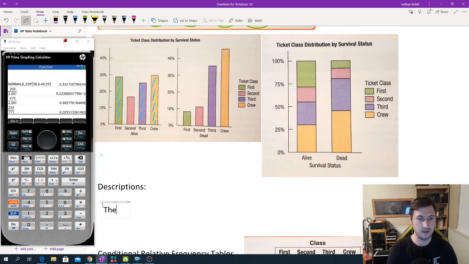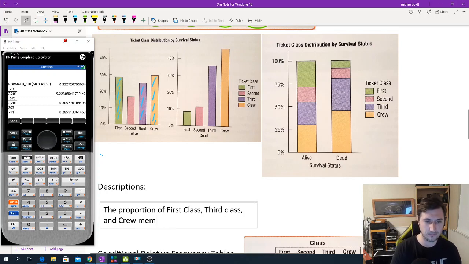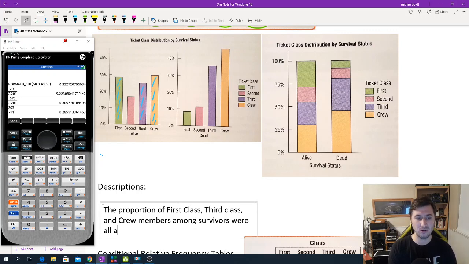So the proportion of first class, third class, and crew members among survivors. That's the total I'm looking at. I'm only looking at survivors. We're all about equal.